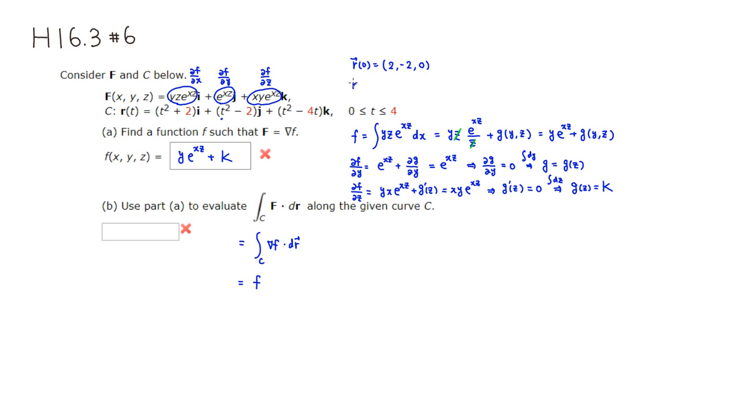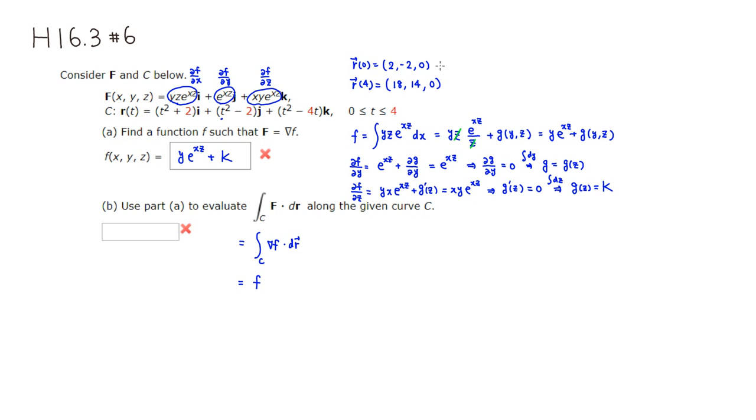The ending point is when t is equal to 4, so we plug in 4 here. 4 squared is 16 plus 2, so it's going to be 18. And here 4 squared is 16 minus 2, so it's going to be 14.